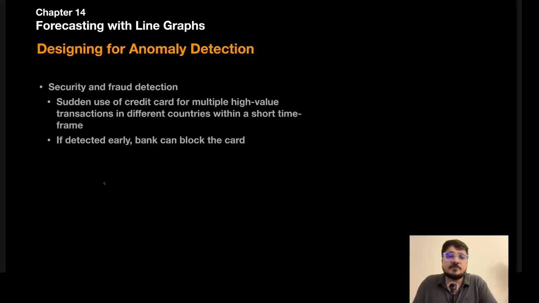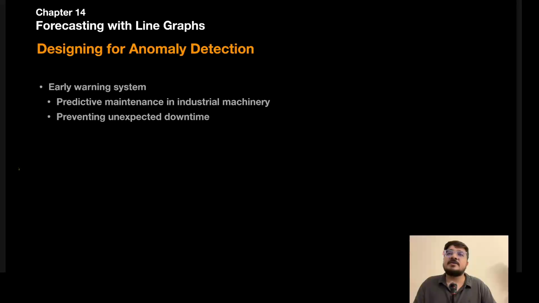If that pattern is detected by the bank, then the bank can block the card in good time so that no other transaction can be carried out by the thief. That is one of the things we can understand.